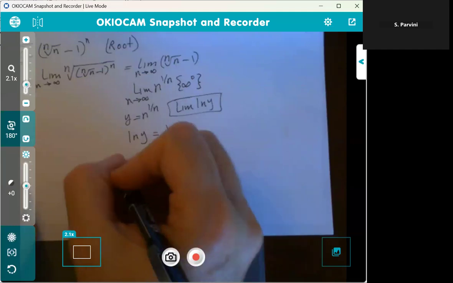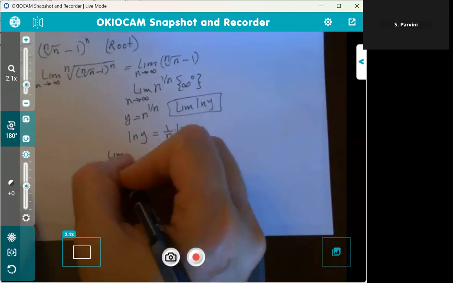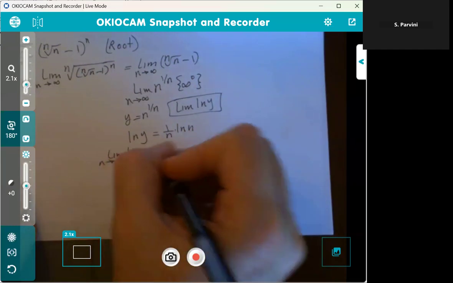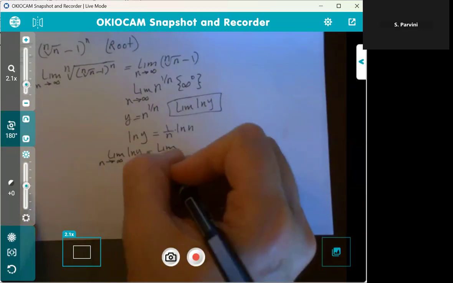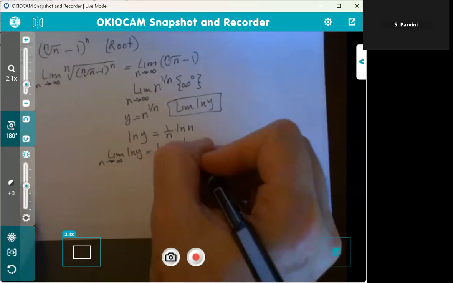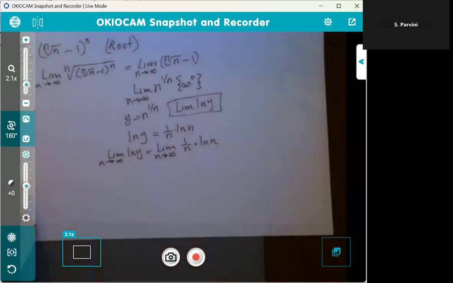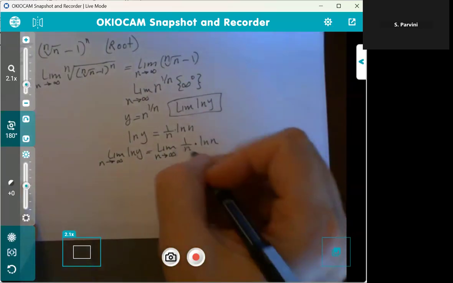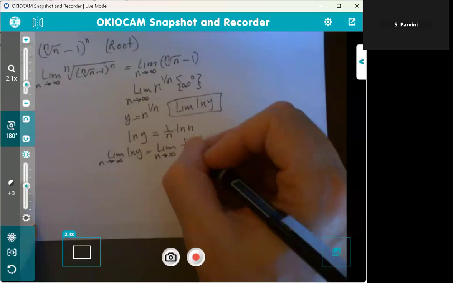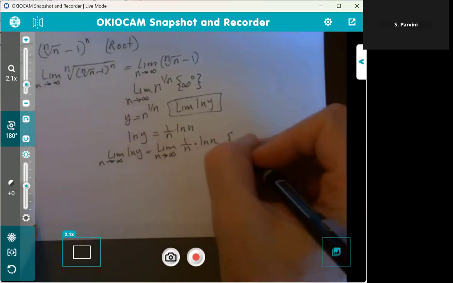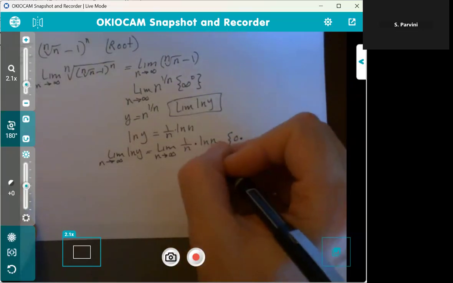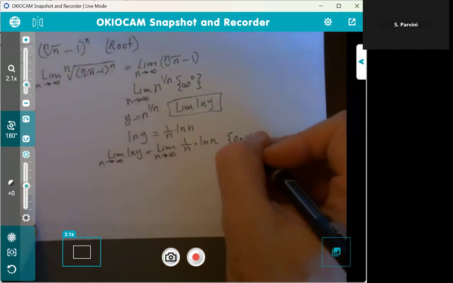And now we're going to take the limit as n goes to infinity of the natural log of y. That would be the limit as n goes to infinity of 1 over n times natural log of n. At this point, 1 over n approaches 0, and the natural log of n approaches infinity.